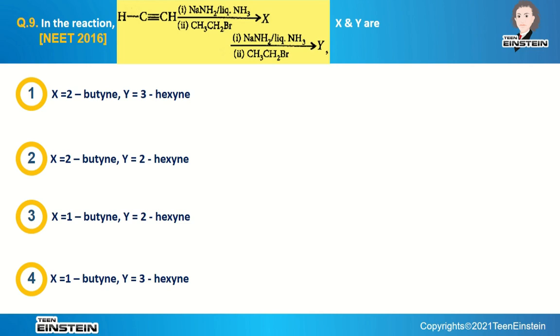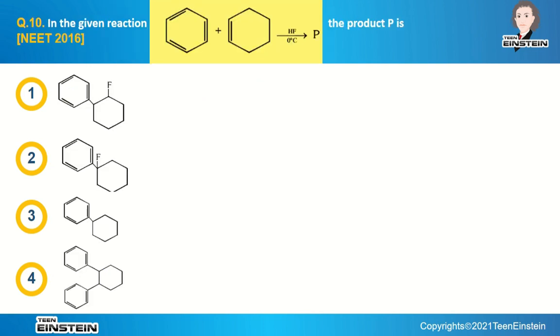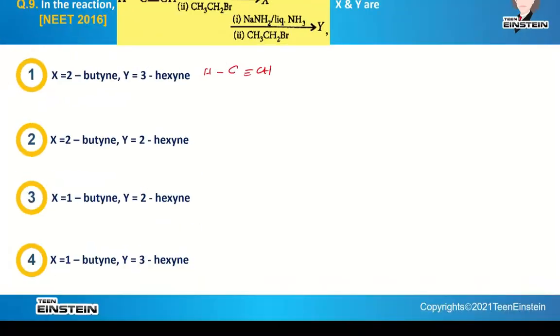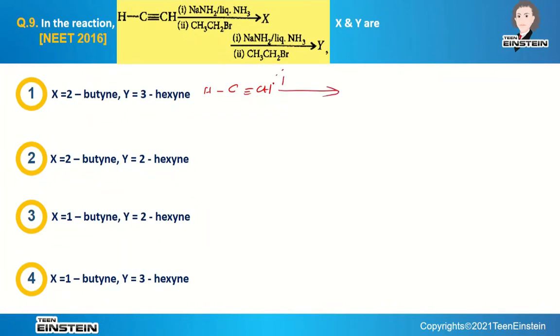So first, acetylene reacts with NaNH2 and liquid ammonia, which gives acetylide anion. Here, triple bond, acetylide anion.